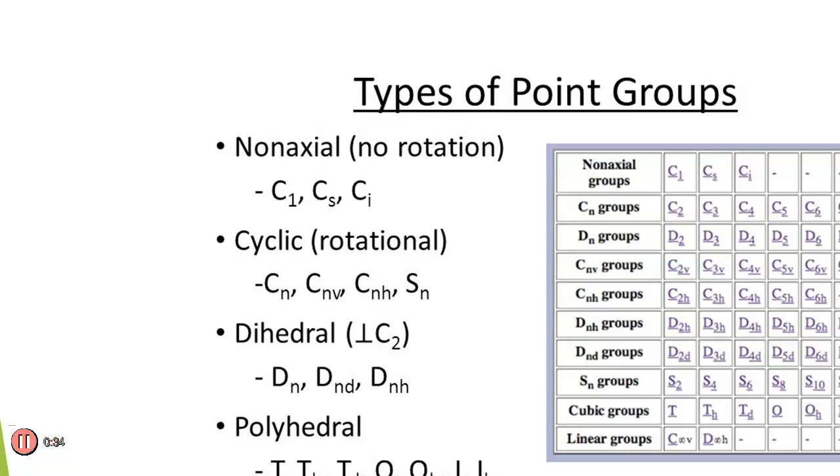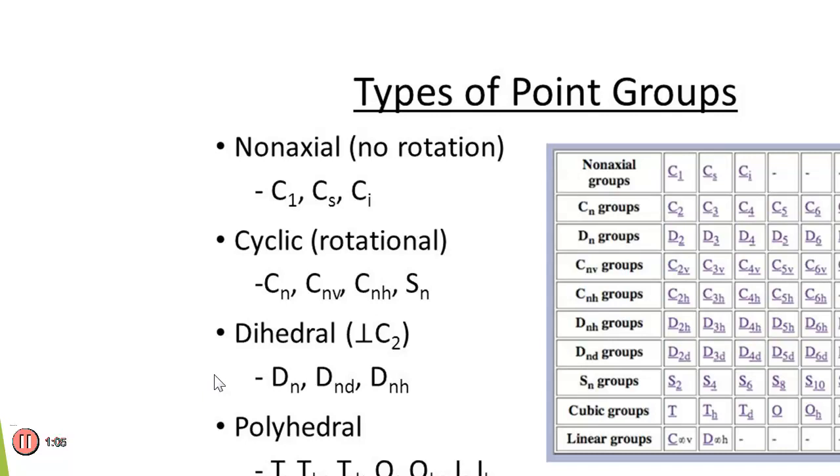Then the next point groups are cyclic or rotation point groups. They contain a rotational axis, and are commonly named Cn, Cnv, Cnh, Sn, etc. We can say that they will contain a definite axis of rotation, and n will be equal to 360 divided by the angle of rotation.